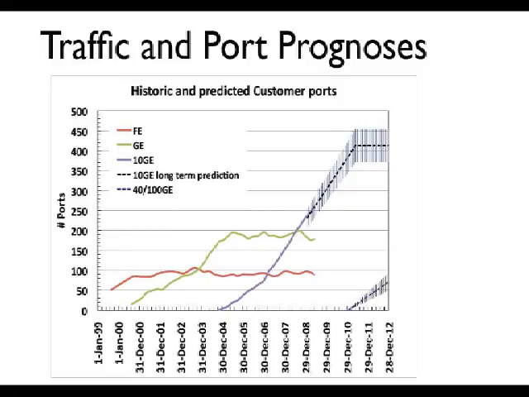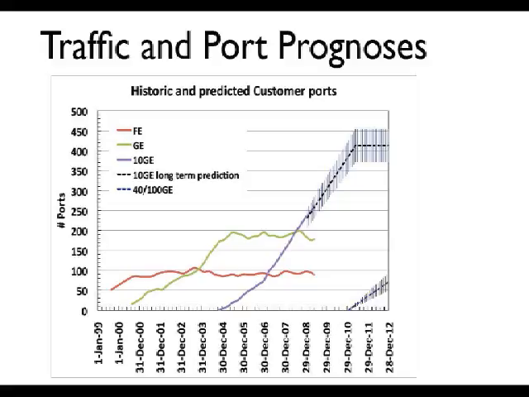Up till AMS-IX version 3, we were always able to buy bigger boxes, to put in thicker backbone links, to aggregate multiple 10 gig Ethernets. From all this experience, we developed a sort of model of how the port growth would be.